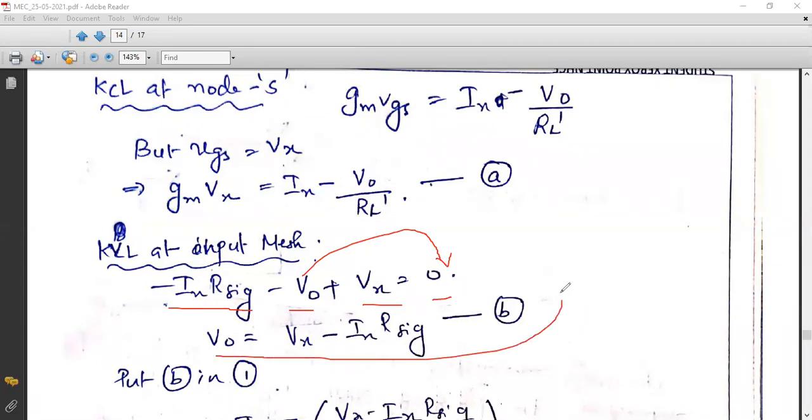So this is the equation that we actually wanted, because I can replace my V0 in terms of Vx and Ix. Equation number 8: put B in A. And rearrange Vx and Ix, and find the ratio between Vx and Ix.